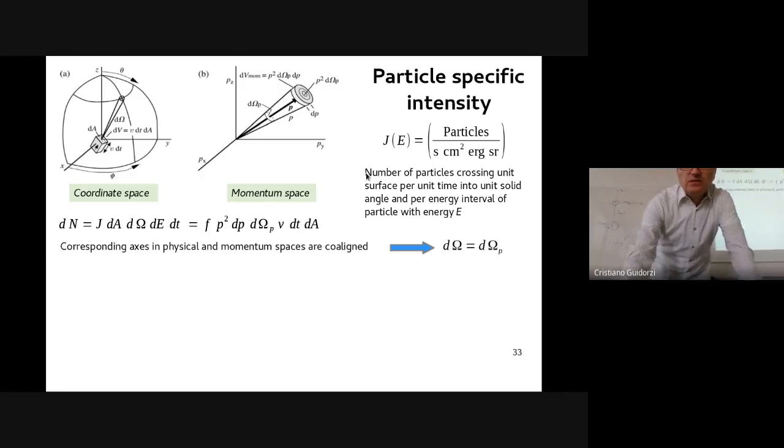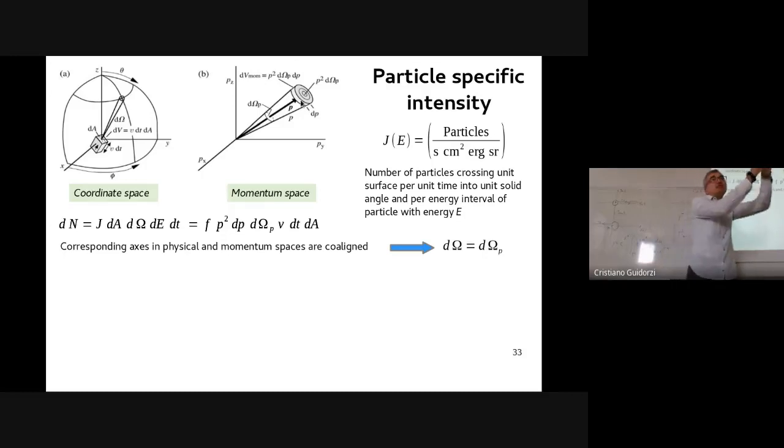So d omega is exactly d omega p, where d omega p is the solid angle subtended in the momentum space. Because the direction of the momentum is exactly the direction of the velocity in the coordinate space. As a spread of possible directions, it is exactly the same object.